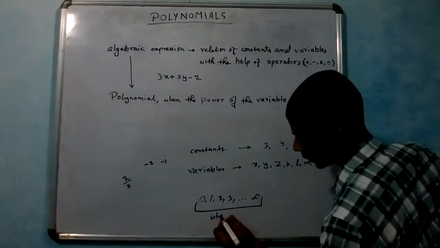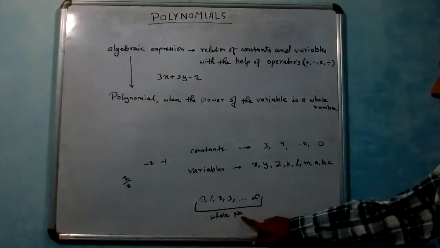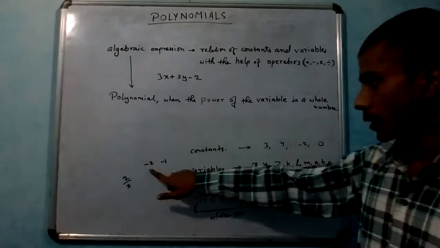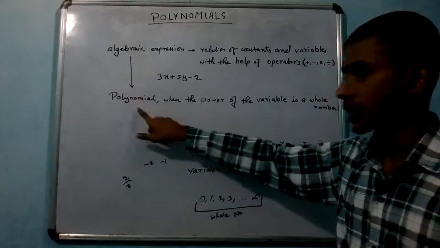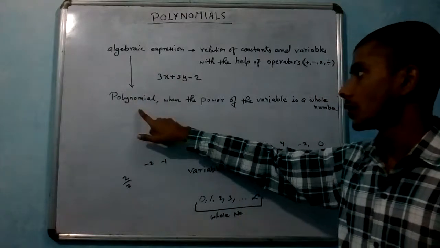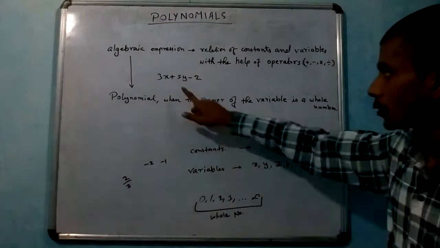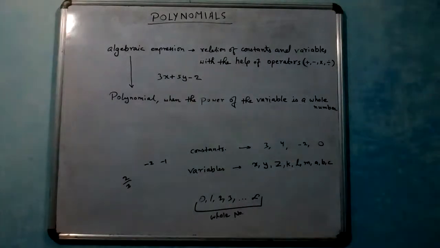We have studied this in detail, so I hope you understand. If the power of the variable is a whole number, then only we call that algebraic expression a polynomial. Now for example, let us see. Can you tell me what is the power of x and y present in this expression?